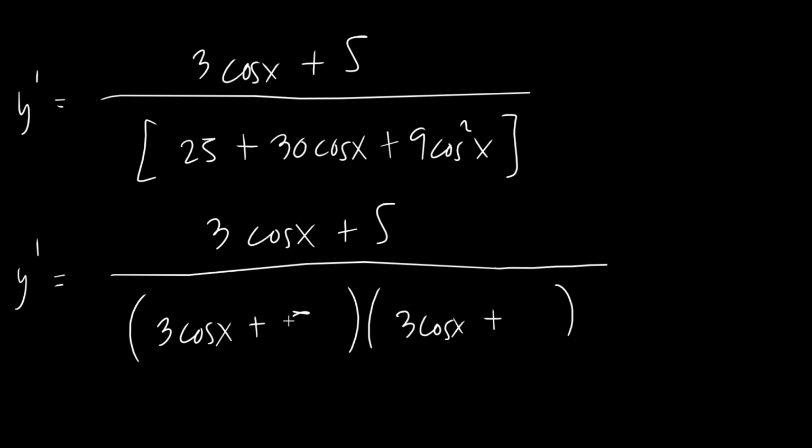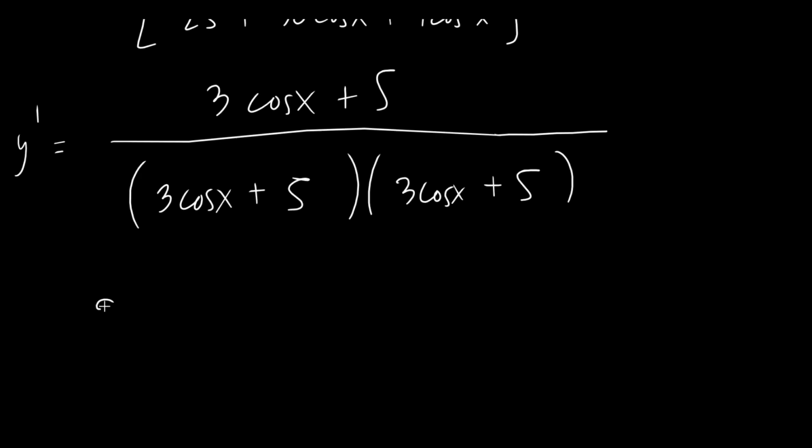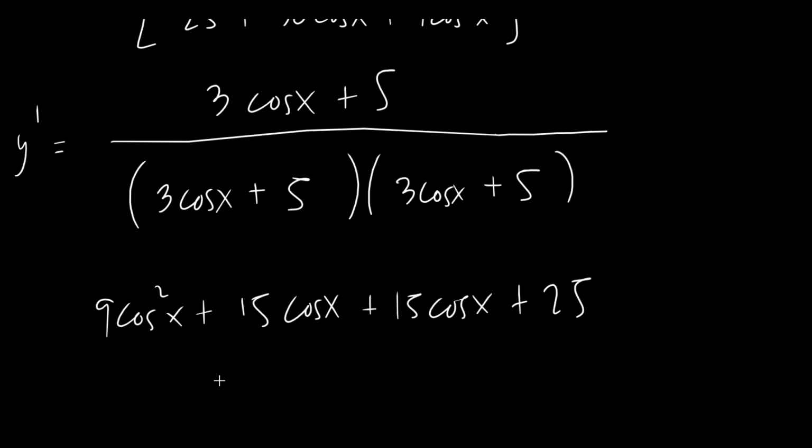So let's try 5. So let's recheck: 9 cosine squared x plus 15 cosine x plus 15 cosine x plus 25. So the result is 9 cosine squared x plus 30 cosine x plus 25.